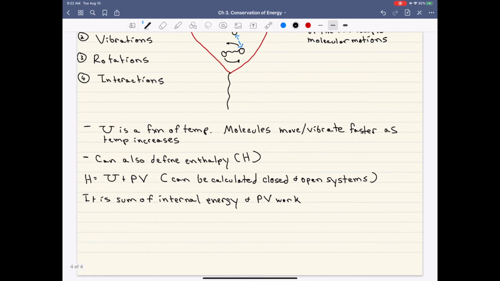But the utility of defining this enthalpy term is that whenever we're dealing with closed systems, if we're able to calculate or estimate the enthalpy of the system, that's automatically going to account for mechanical work.